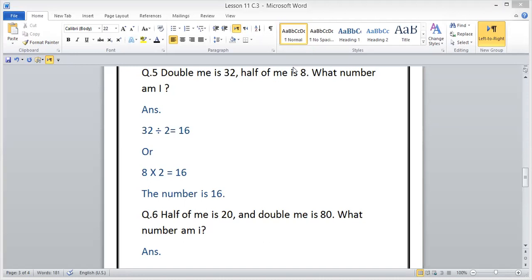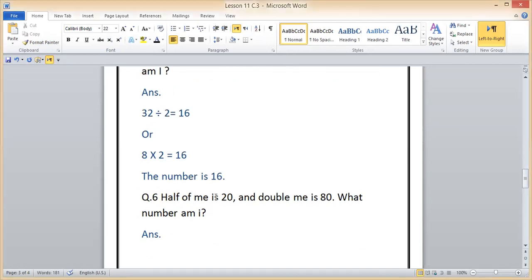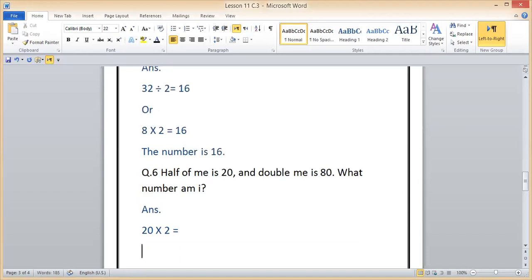I'm writing it until you are sending the answers. How will you write the answer? Half of me is 20, so find out the double of 20. Multiply 20 by 2 and write the answer.